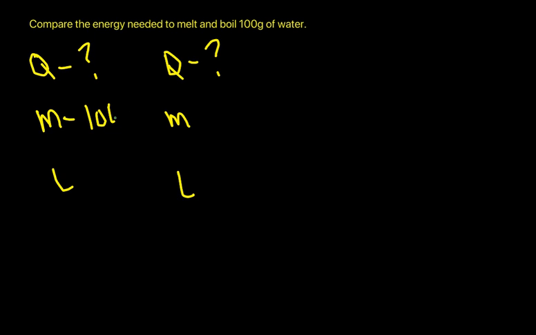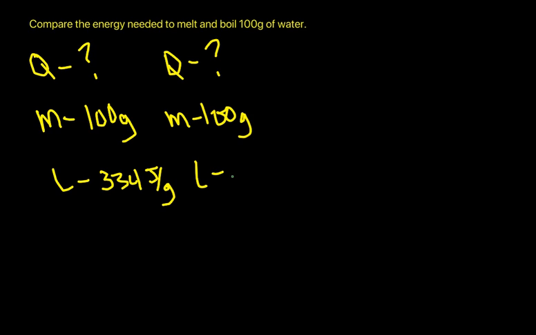We have 100 grams of water. Latent heat of fusion for water is 334 joules per gram, and latent heat of vaporization for water is 2260 joules per gram. So let's do these quick calculations.